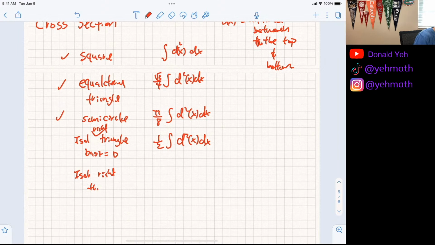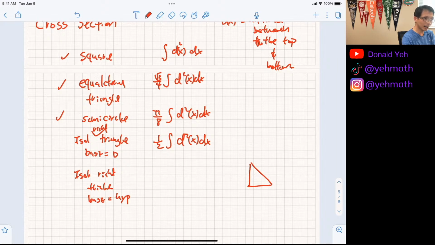Isosceles right triangle, if the base is equal to the height, and the hypotenuse is what's given. How do you get that? Because the difference is no longer the base of the triangle. It's the hypotenuse. So let's think about this. This is the difference, this is the d of x, right?